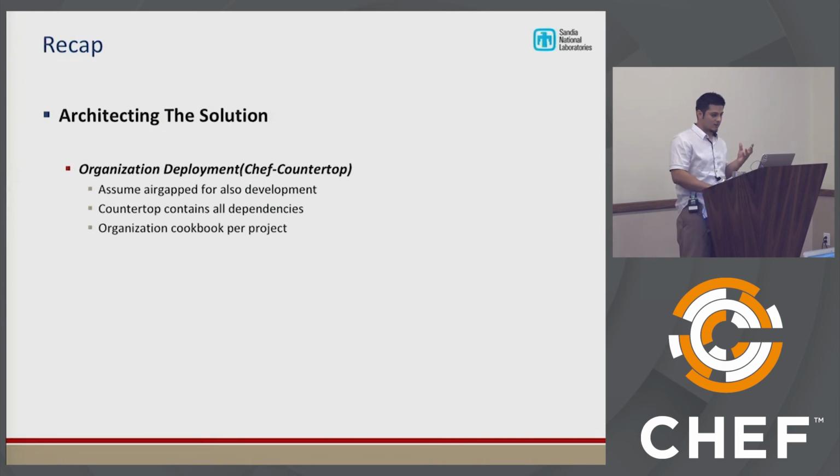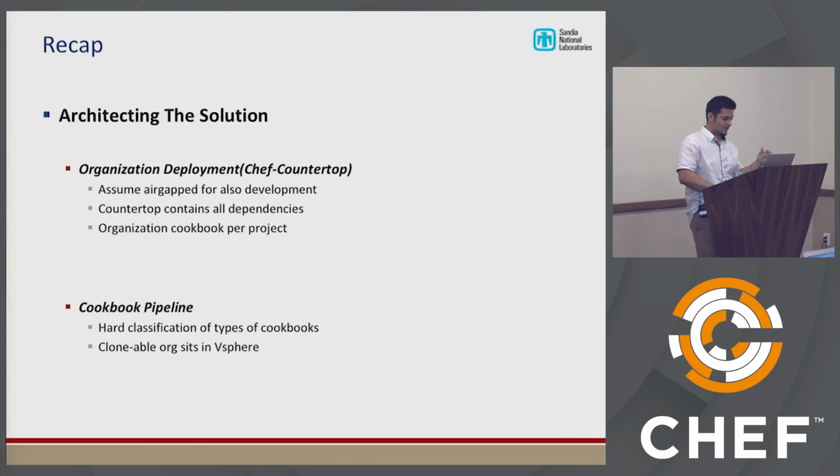The organization cookbooks define your projects and the machines that you're setting up, so that's per project, per enclave, whatever you want. It's good to keep that hard classification between the organization, role, and resource cookbooks, because having a steady standard going through makes it a little bit easier, especially since we're all new to Chef in my group.